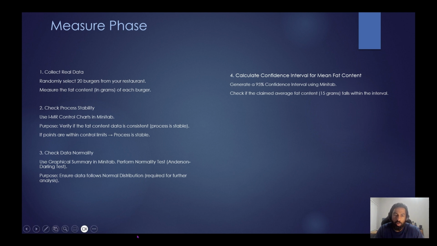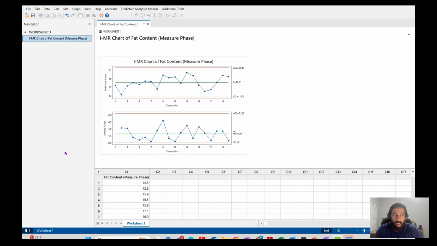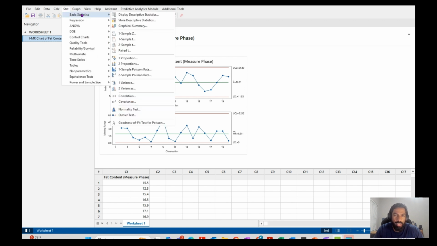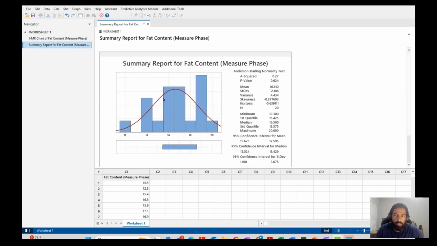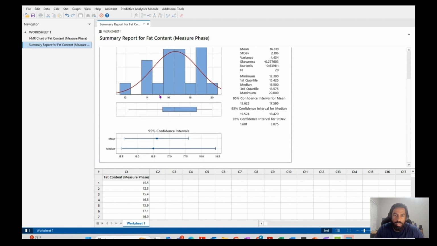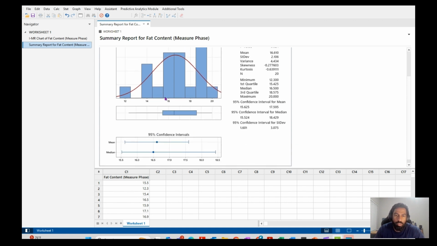The way to do both of these in Minitab would be through graphical summary. And how do you get to graphical summary? Just go to Stat, Basic Statistics. There you'll see the option of graphical summary. Select the column. Confidence level can be 95 and hit OK. So there you see the report.